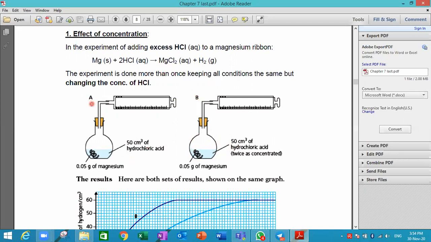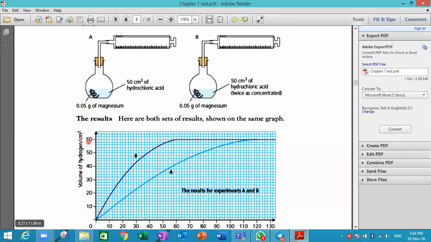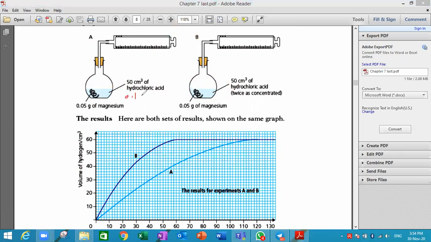Okay, and we are going to measure the volume of the hydrogen gas produced with time in both experiments. When we were using, for example, 0.1 mole per decimeter cube of hydrochloric acid, this is A, we will get this curve A. As we see here, the volume of hydrogen gas increases until it reaches a maximum where it will not increase more, because the magnesium ribbon will be completely reacted, and we get this time needed for the completion of the reaction.